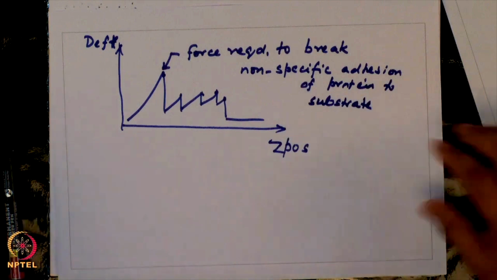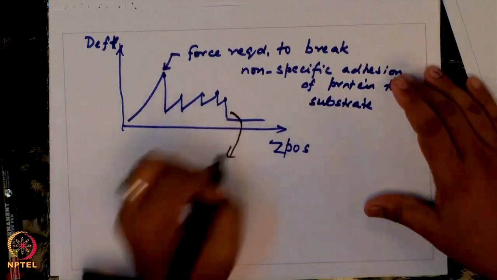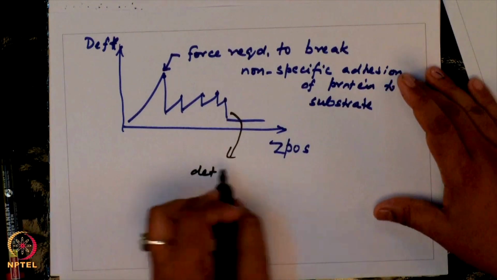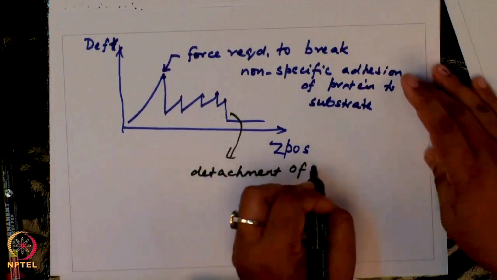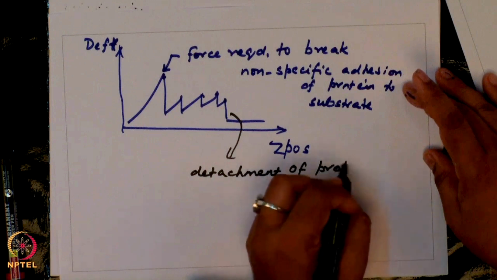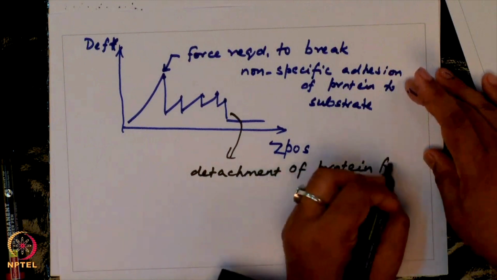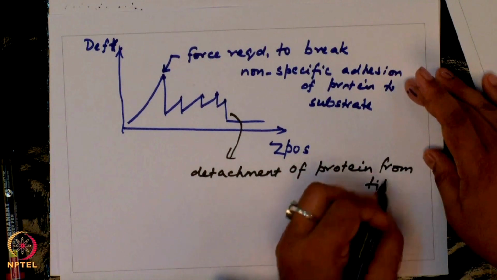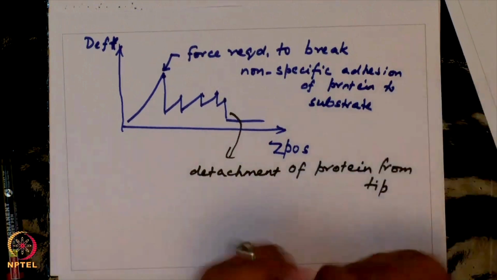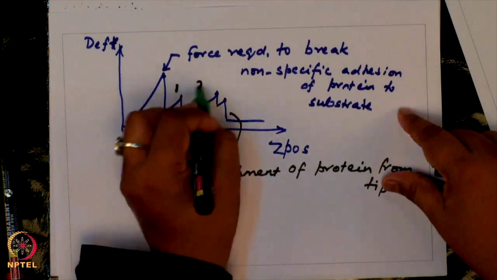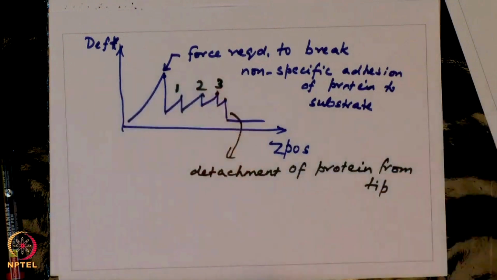Okay. The last peak corresponds to detachment of protein from tip. Okay. So, your real data is really your peaks 1, 2, 3. That is the data that you want.